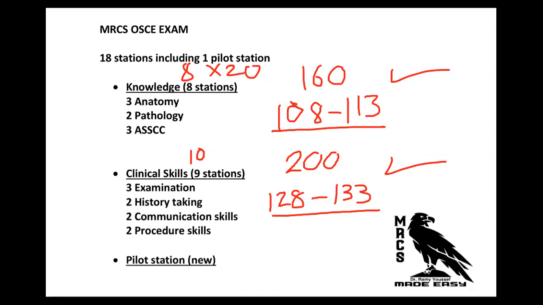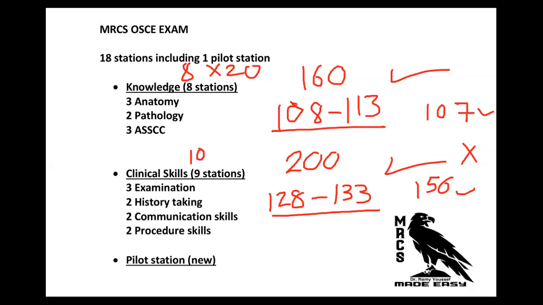Here is pass and here is not pass. So you may have here 107 and here you have 156. Here is pass, here is not pass, so in the end you didn't pass. So they don't add the 2 marks together.